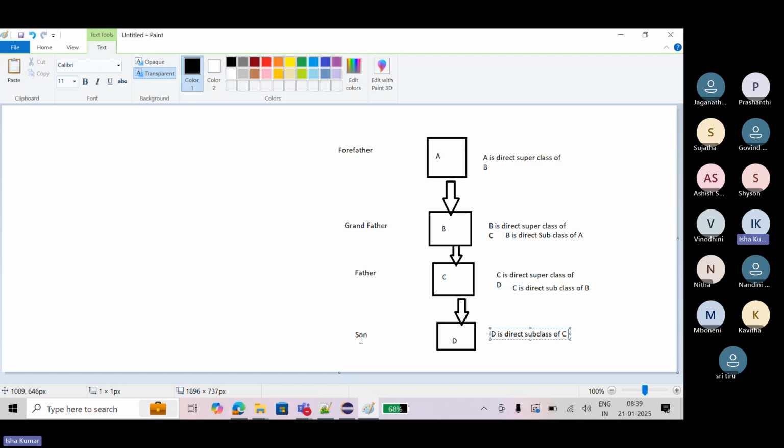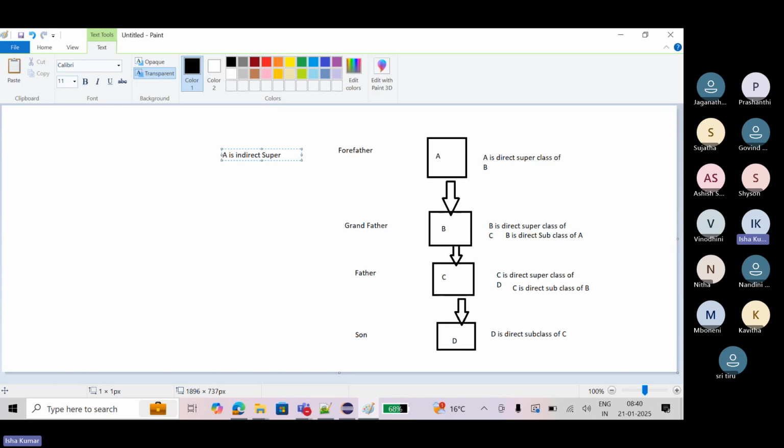Same way here. A is a direct superclass of B, B is a direct superclass of C, C is a direct superclass of D. Now, A is an indirect superclass of C and D. B is an indirect superclass of D. So how can you write it here? A is indirect, all are in the same family.